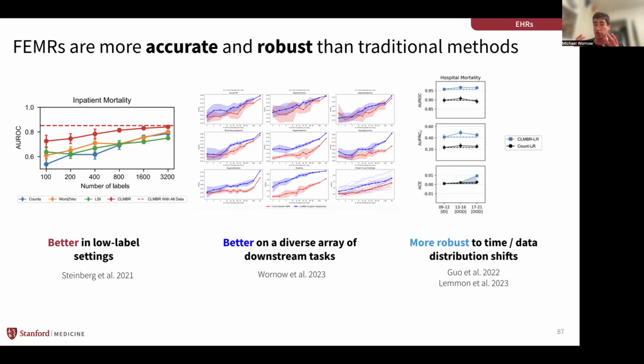There are always huge shifts, even within the same hospital, let alone trying to transfer your model to different sites or different health systems. And so, the fact that these foundation models, like I mentioned before, are trained on millions of patient records to start with, makes them more robust to those sorts of transfers.